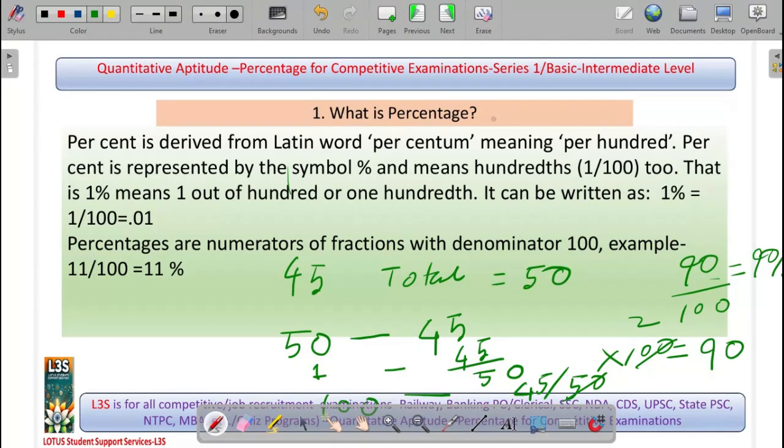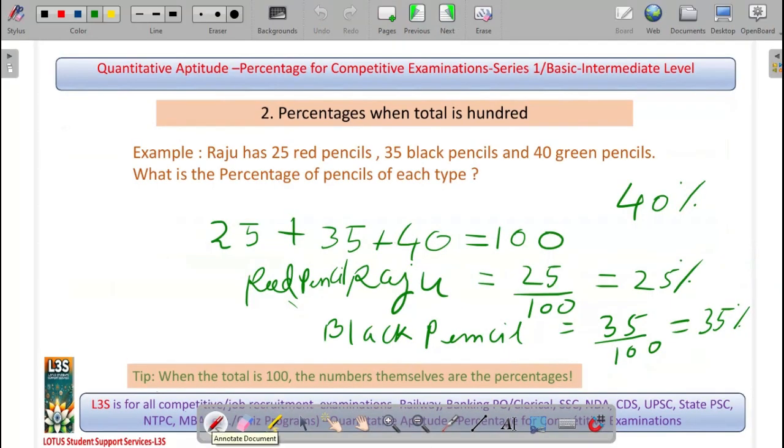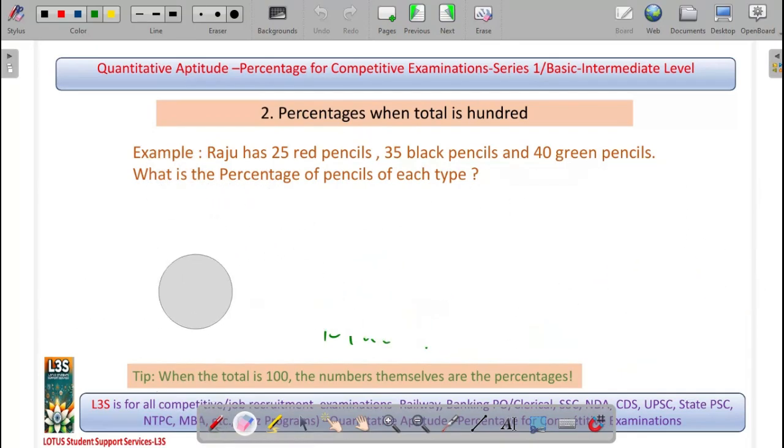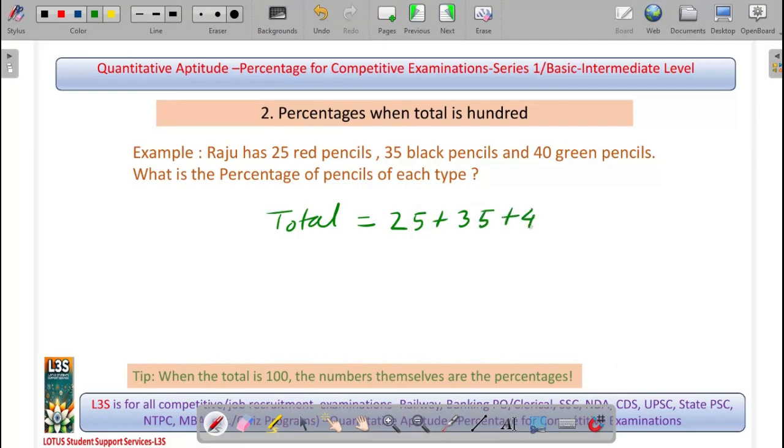We'll do some more as they come. So here, percentage when total is 100. In some cases we will get a total of 100. Say Raju had 25 red pencils, 35 black pencils and 40 green pencils. So how many pencils in total did Raju have? 25 plus 35 plus 40 is equal to 100.